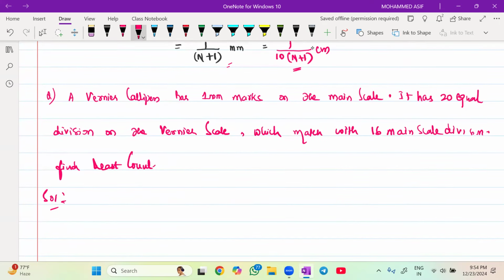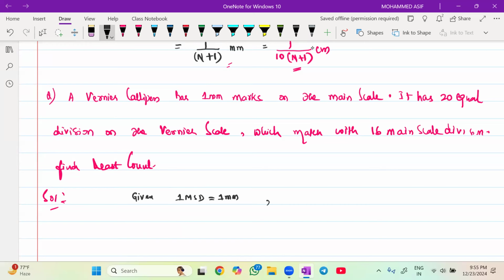A vernier caliper has 1 mm mark on the main scale and it has 20 equal divisions on the vernier scale, which is matching with 16 main scale divisions. Let me write the data. What is given in the problem is that 1 main scale division is equal to 1 mm. Units are very important.